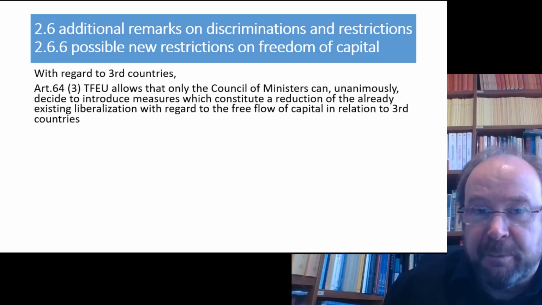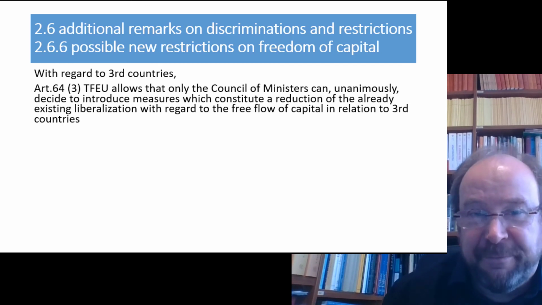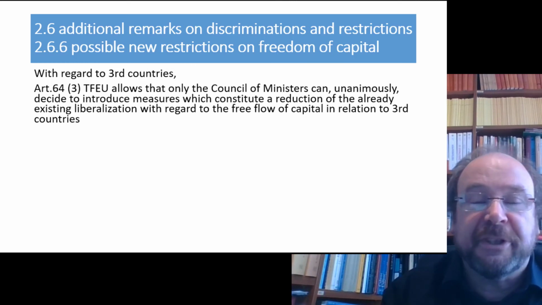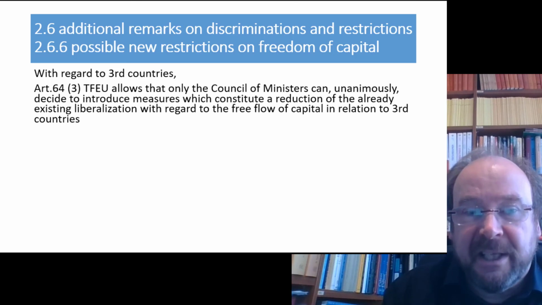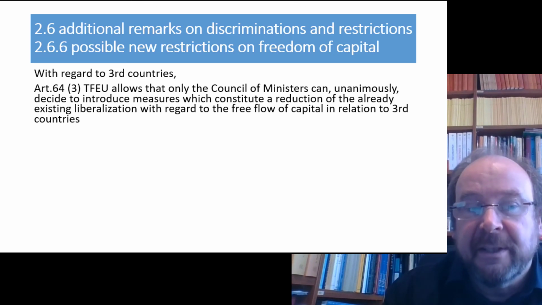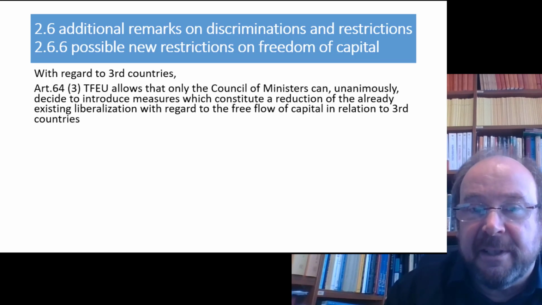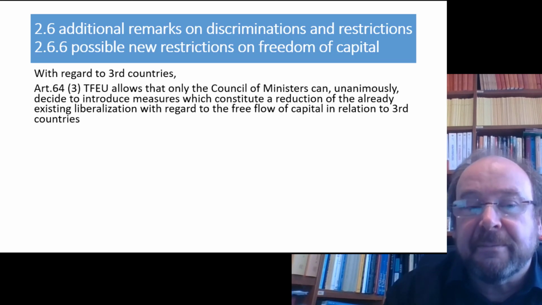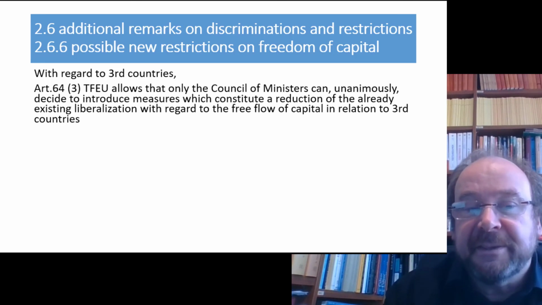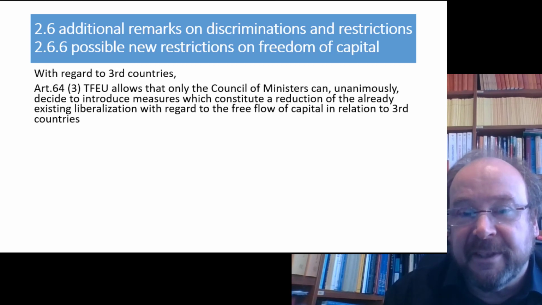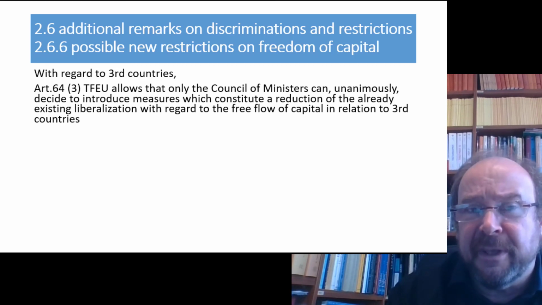The treaty also took precautions that if something happens in the world which requires a reaction, the EU institutions can sufficiently react. Article 64.3 allows measures and says the Council of Ministers can unanimously, so with a 100% majority, decide to introduce new measures which constitute a reduction of the already existing liberalization, but only with regard to third countries.